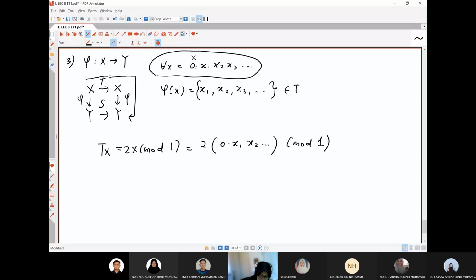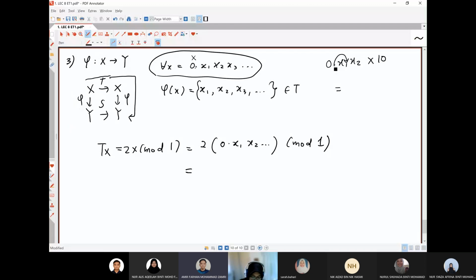Okay, so kalau 2 darab dengan 0.x1, x2 jadi apa? So macam kita darab macam ni. Jadi kita dapat apa? 0.x1. Kalau darab 10 dapat berapa? x1.x2.